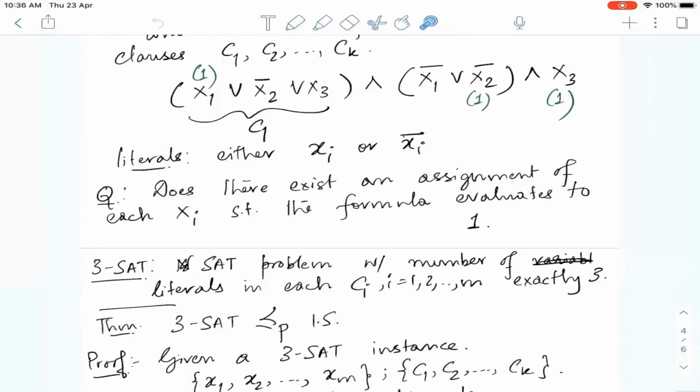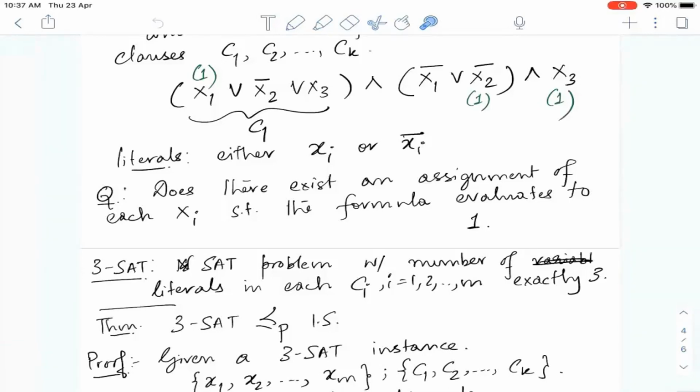Okay, and 3-SAT is really a special case where each clause will have at most 3 literals. I made a small mistake last time. I said that they will have exactly 3 literals. For 3-SAT, this is not required. 3-SAT means that each of the clauses will have at most 3 literals.